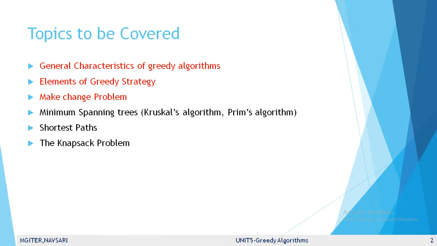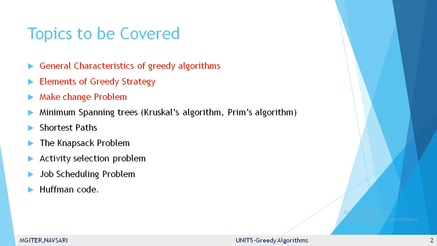Also shortest path, known as Dijkstra's algorithm, the knapsack problem, the activity selection problem, the job scheduling problem, and Huffman coding. These are the problems solved using the greedy approach.